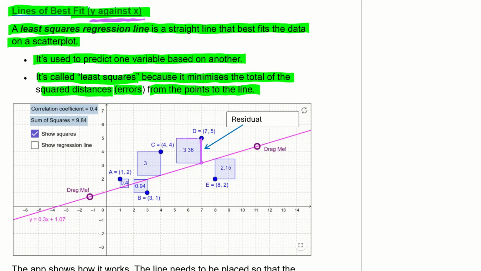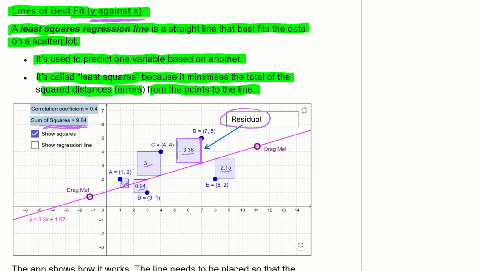And I've got a square here because what we do is we form a square and we work out the area of that square. We then do the same for all of the other points that are on our graph, and then we move the line around to try and get the minimum sum of the squares, which we can see up here on this particular app.